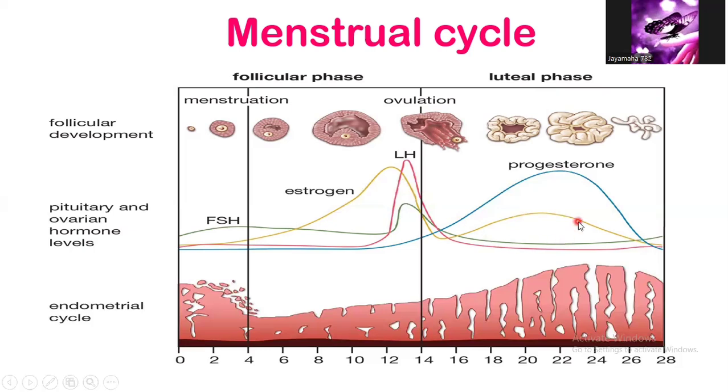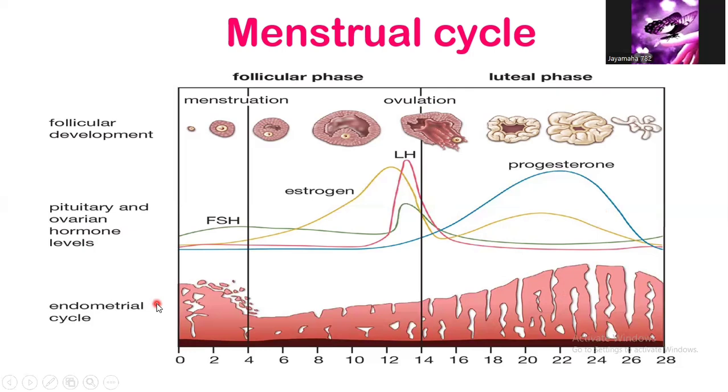Then the yellow line shows the estrogen. It rises in the follicular phase by promoting endometrial thickening. Then the progesterone, the blue line, rises in the luteal phase, stabilizing the uterine lining.